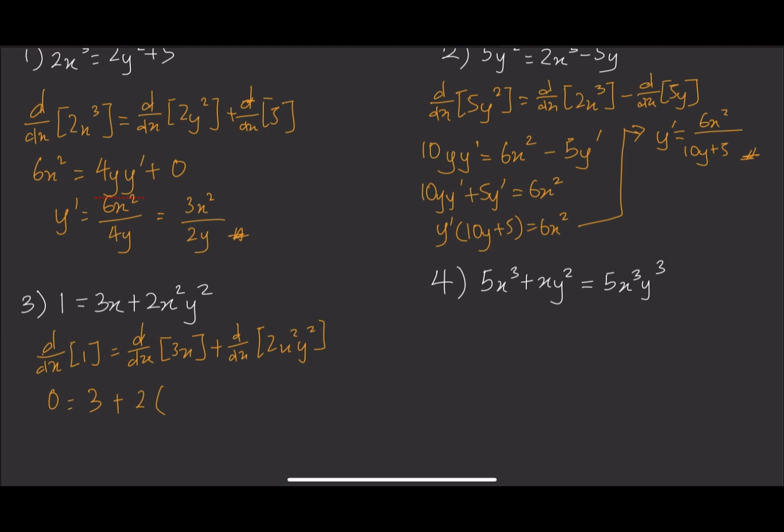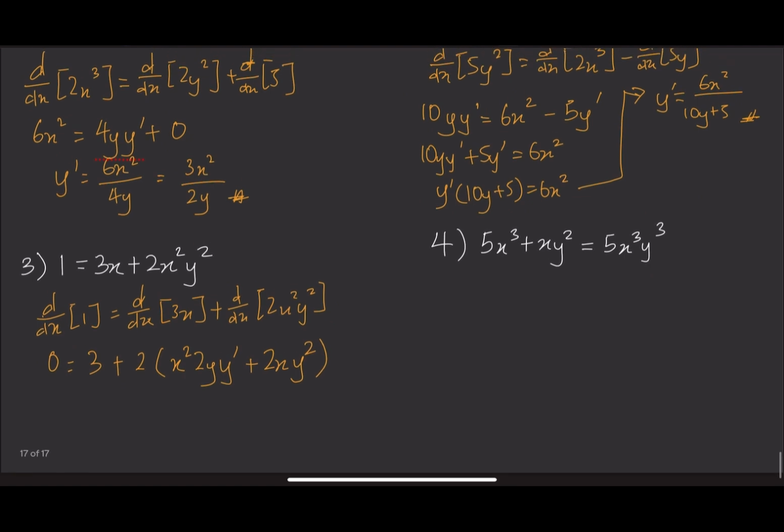So we get, remain x squared, differentiate y squared, 2y y prime, plus differentiate x squared, you get 2x, remain y squared. And that is the product rule. So slowly we try to expand it. 3 plus 2x squared, 4x squared y prime plus 2xy squared.